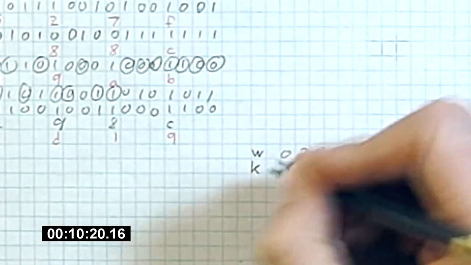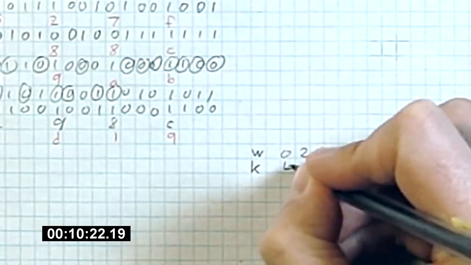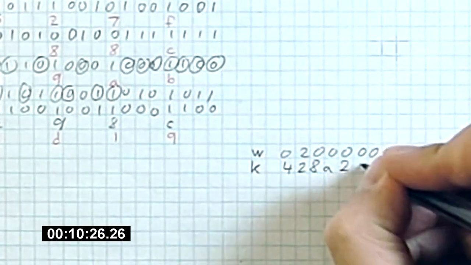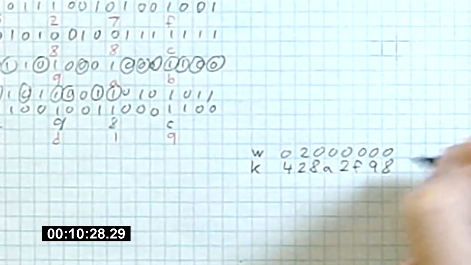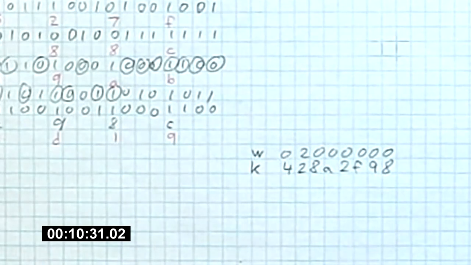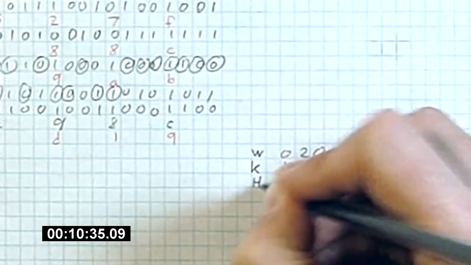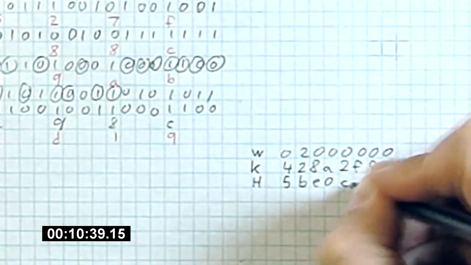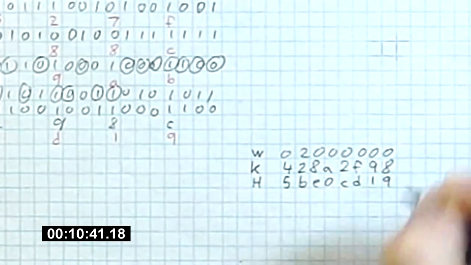Now we take another constant provided by the NSA, 428A2F98, and we take our value H, which is just the same value we started with, unchanged, 5BE0CD19.